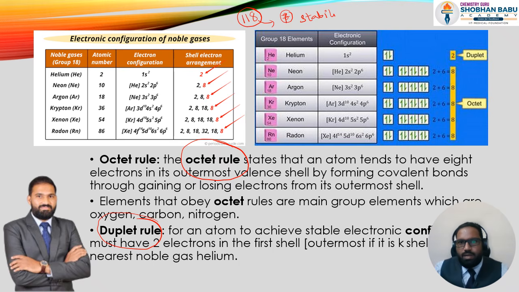From previous classes we have seen that the valence shell decides the chemical properties of the element. So if these 7 elements are highly stable, we definitely have to see their outermost electronic configuration.